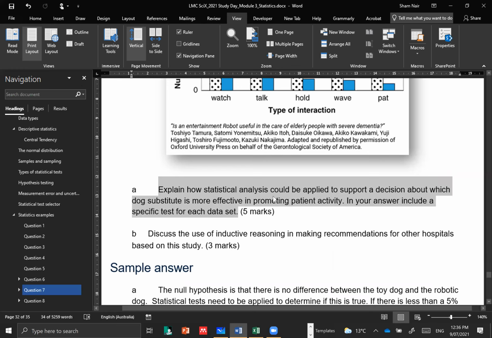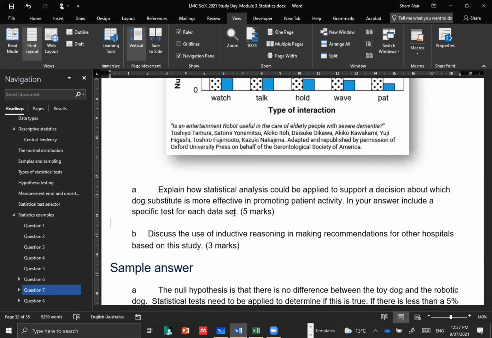Explain how statistical analysis could be applied to support a decision about which dog substitute is more effective. Okay. In your answer, include a specific test for each data set. So the question is asking, looking at the data, what type of statistical test would you use? Okay, it's a 5-mark question, which means you really need to look at the data, recommend a type of test, and then explain or demonstrate your reasoning.